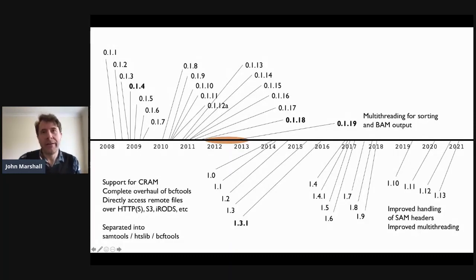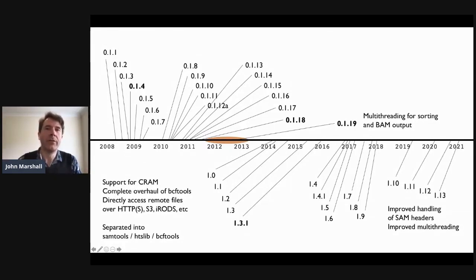And I've highlighted there this period in 2012, 2013, when 0.1.18 for a long time, which came out at the end of 2011, I think, was the dominant version of Samtools. It's the last one of those 1,000 Genomes releases, really.